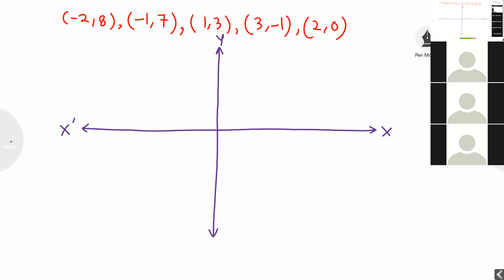Now, what is the highest value of plus x? Highest value of plus x is 2. This is 0, 1, 2. Highest value of minus x, -2: -1, -2.